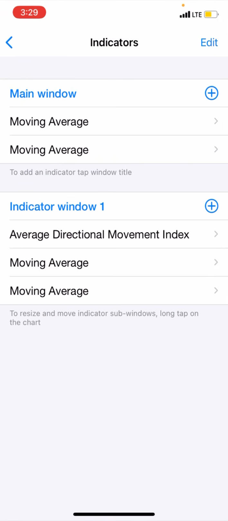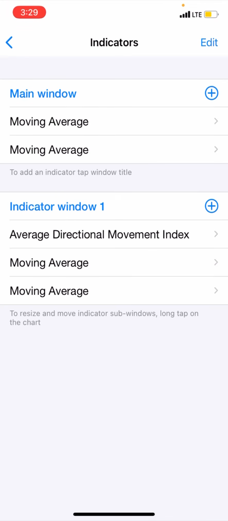We are going to be using moving average, 2 moving averages on the main window, that is our main chart. We are going to be using average directional movement index in the indicator window 1, and 2 moving averages still in the indicator window 1. All of these have different setups that will help.